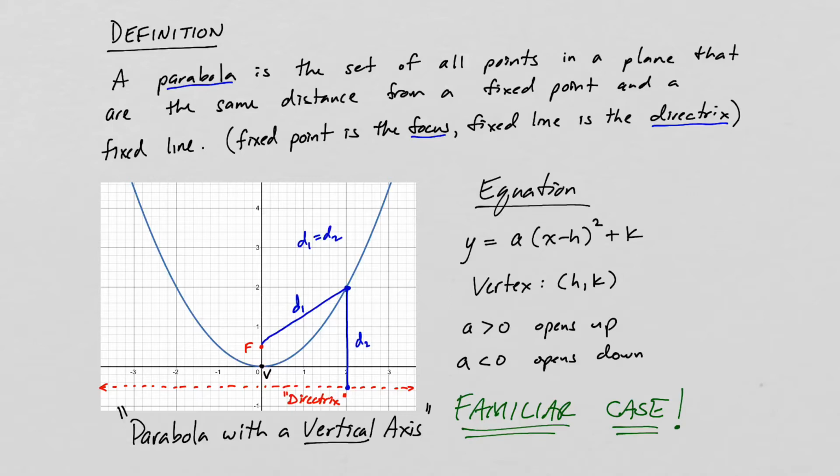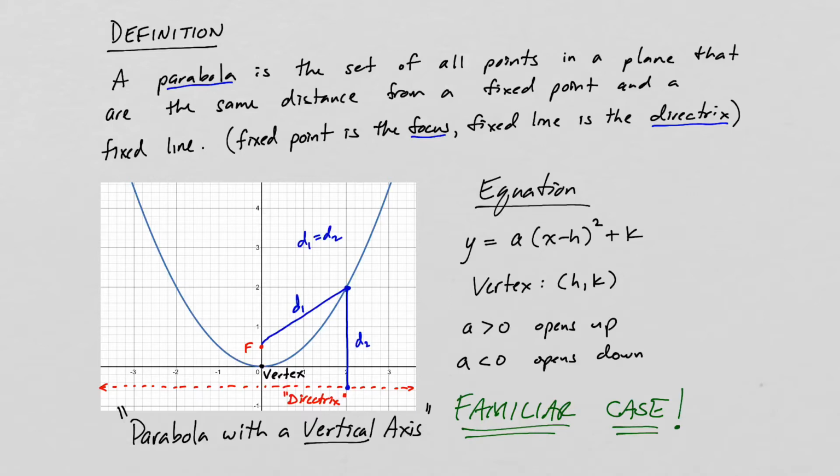So you all know what a parabola already looks like, and so I took the liberty to bring in a graph of a parabola. You also already know that this point on the parabola is called the vertex. And this so-called focus that we're talking about is a fixed point, and the directrix is a fixed line.